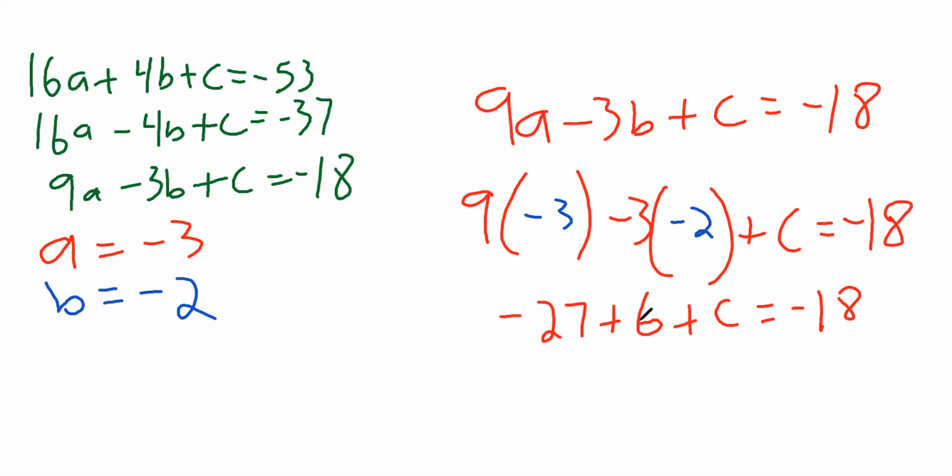Negative 27 plus 6 will still give you negative 21 plus c equals negative 18. Then you can add 21 to both sides to get c by itself. Negative 18 plus 21, I'll actually write it this time, so plus 21. You'll get c equals positive 3.